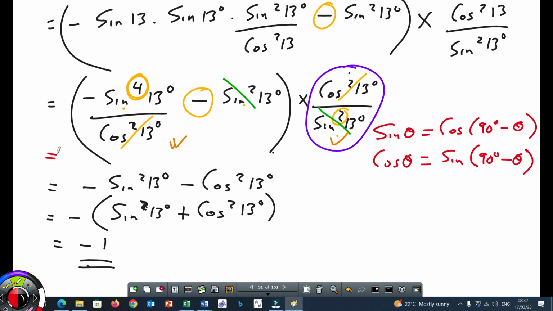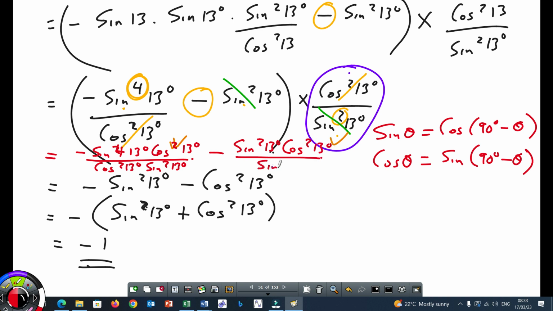Alright, so this will be minus sine 4, 13 degrees times cos squared 13 degrees divided by, we multiply that and that, we get cos squared 13 degrees times sine squared 13 degrees minus, okay, minus this times that, we get sine squared 13 degrees times cos squared 13 degrees all over sine squared 13 degrees. Now I think probably it's clearer to you.